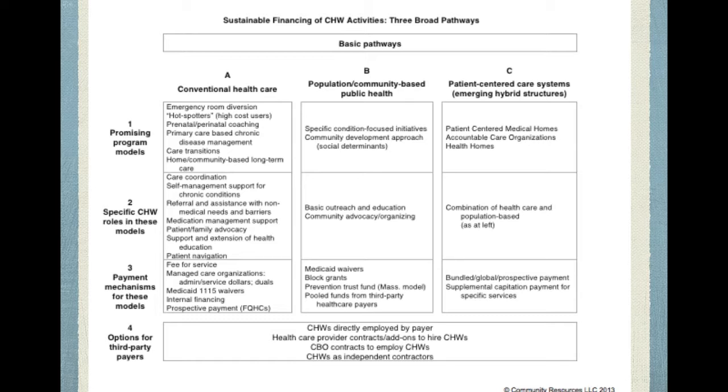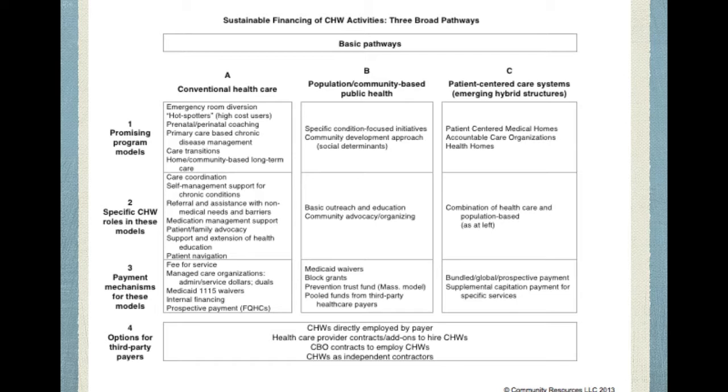The discussion of financing options can quickly become very complex, so the table on the screen right now was created as a tool to help organize your thinking on this topic. This table will be available as a separate handout in the discussion materials provided to accompany this video. The table is organized in 3 columns representing 3 basic pathways to financing.